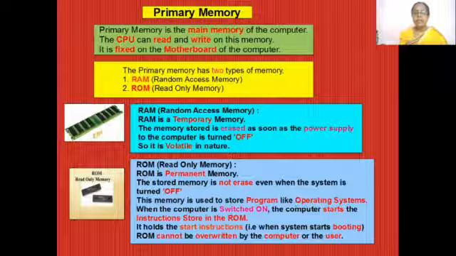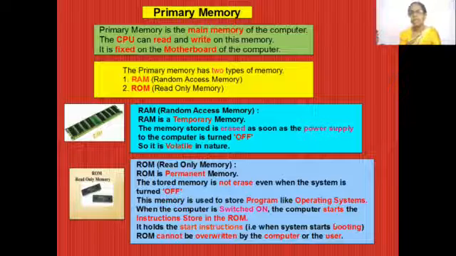And what are the types of program? Like the operating system. So when you switch on the computer, the computer starts and all these instructions that are stored in the ROM start making your computer work. So it holds the start instruction. That is when the system starts booting. Booting is starting and loading all these programs that are inside the computer.